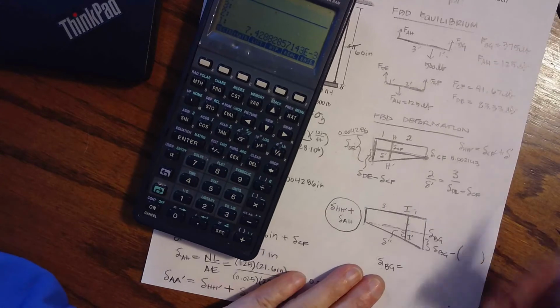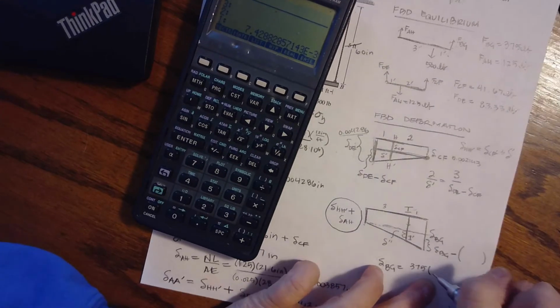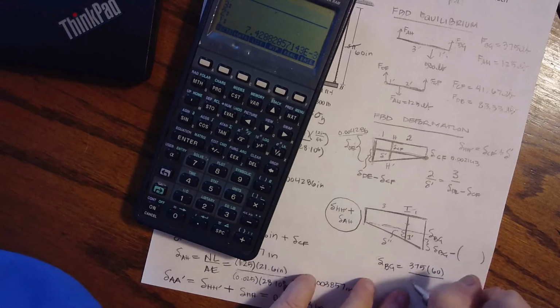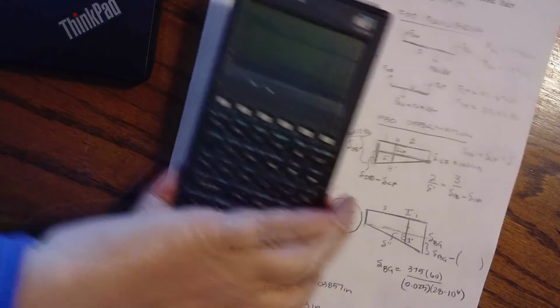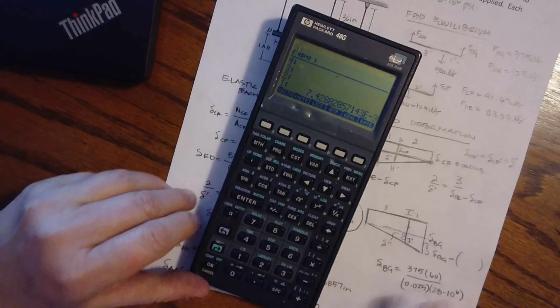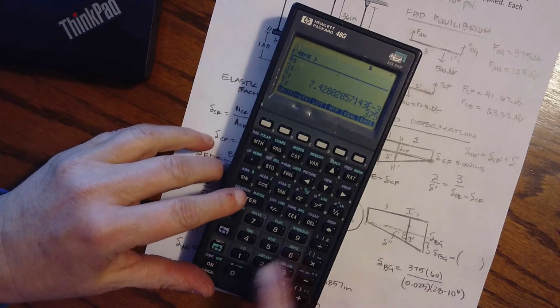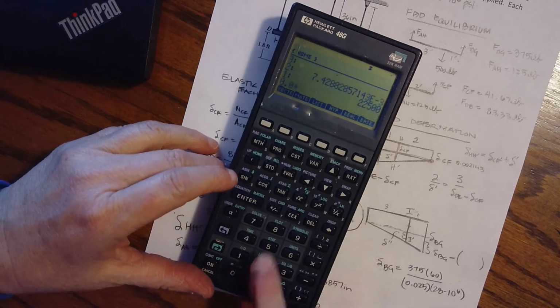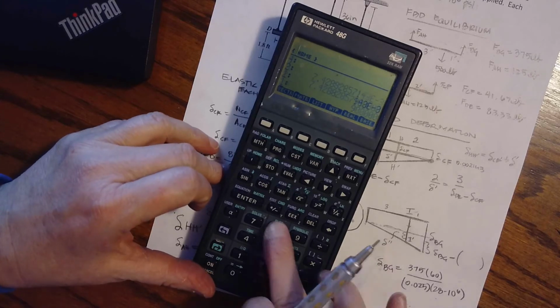So I need the force in BG, which is 375 pounds. The original length is 60 inches. The original area is 0.025. And its modulus is 28 times 10 to the 6th. When I calculate that out, I have 375 enter, 60 times 0.025 divided by 28 e to the 6th.